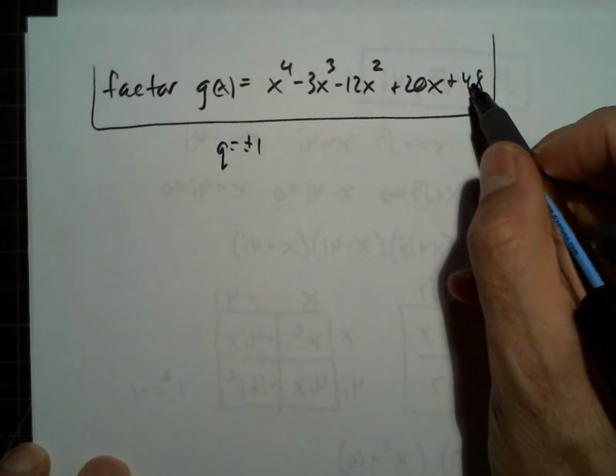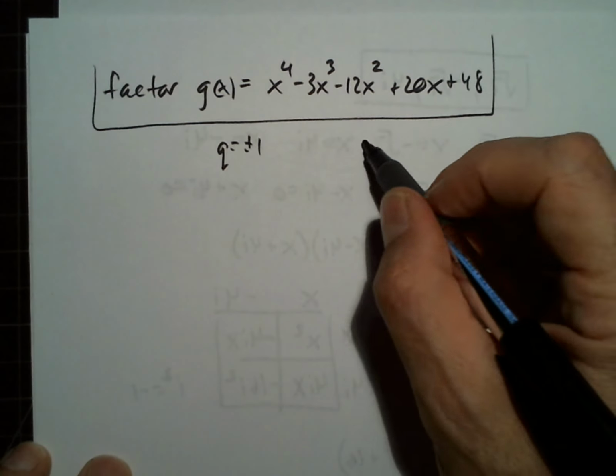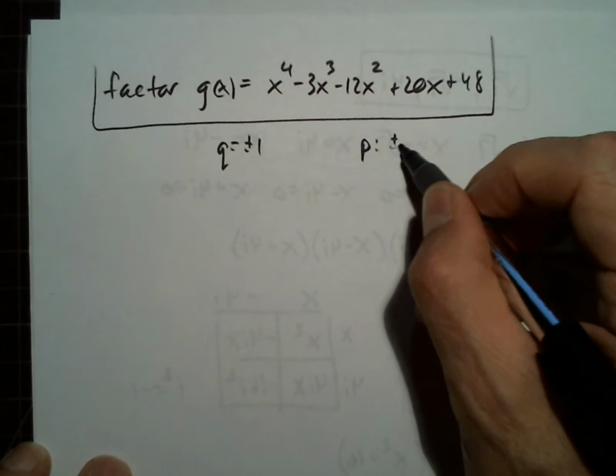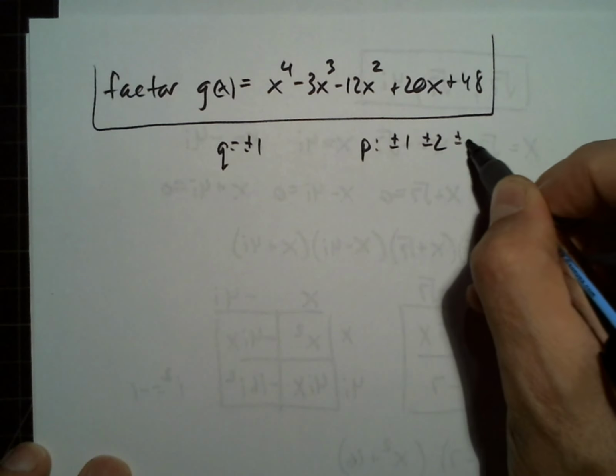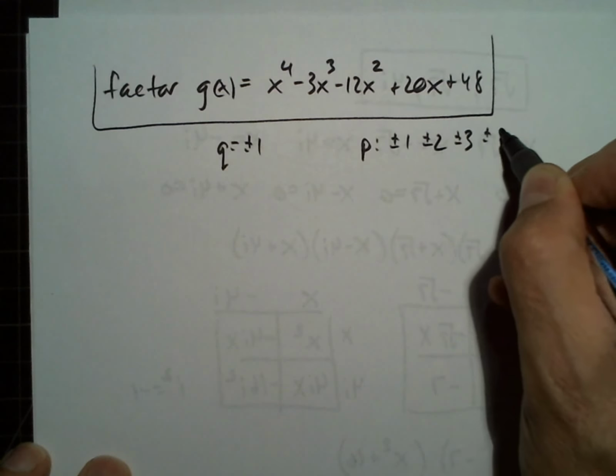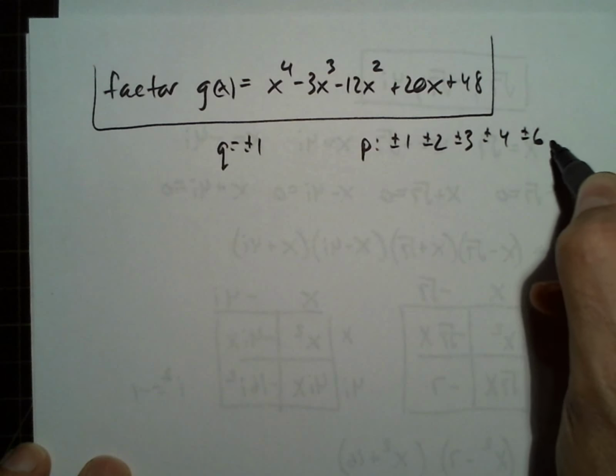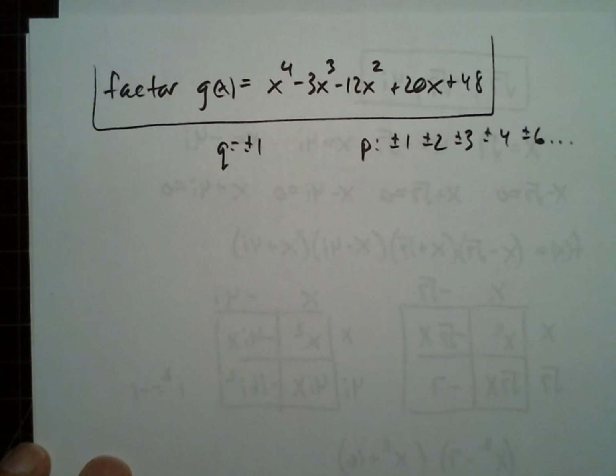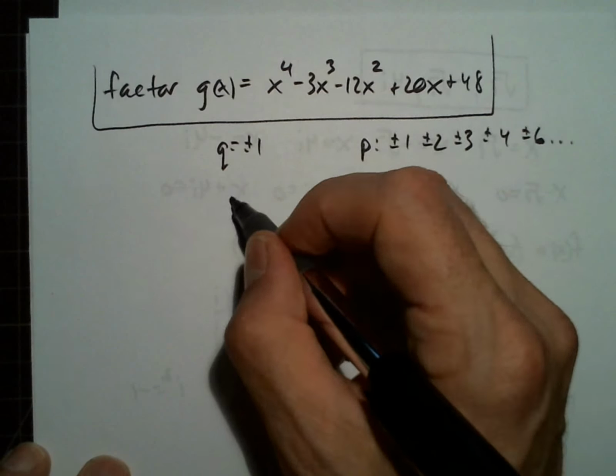And then we have 48, and that'll give us 1, 2, 3, 4, 6. Hopefully we'll find everything before we get through all those factors.